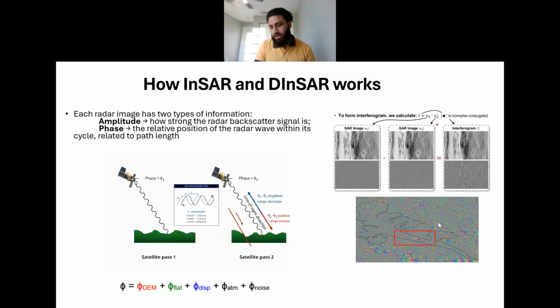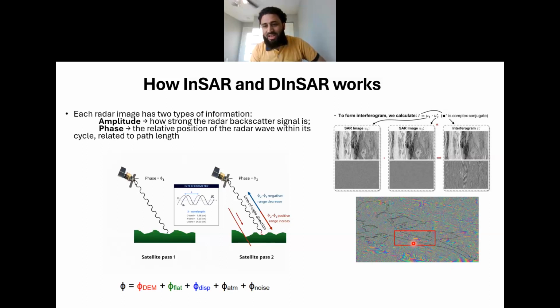This is one of my previous studies on a glacier. Now you see these fringes here. This is where there has been a change in the phase. Let me use the laser here again. So the ground moved between these two times.